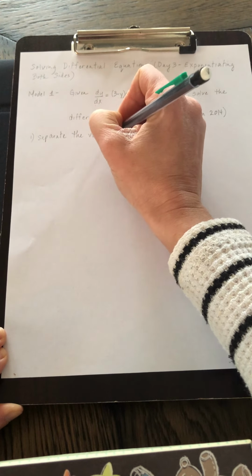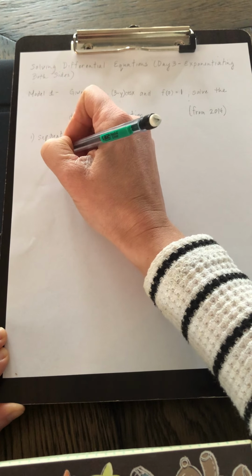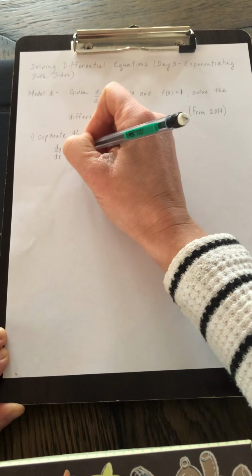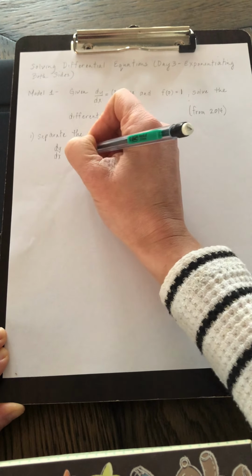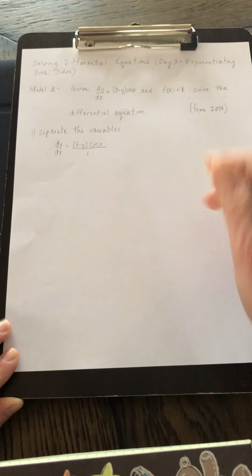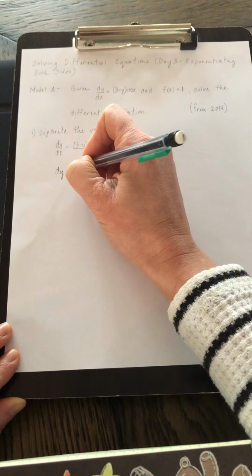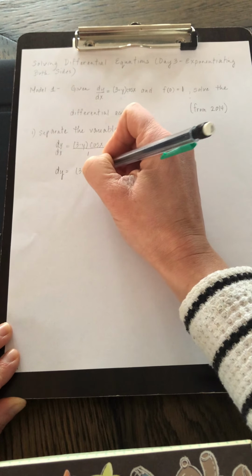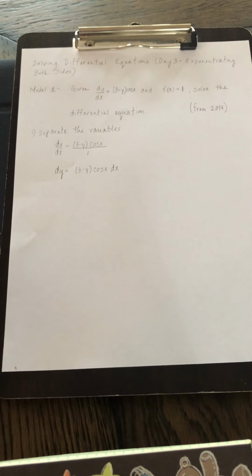Step 1, separate the variables. So we'll start off by cross multiplying, and we're going to get dy equals this mess, and we don't quite have the separation of variables just yet.